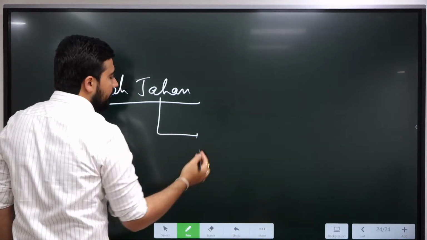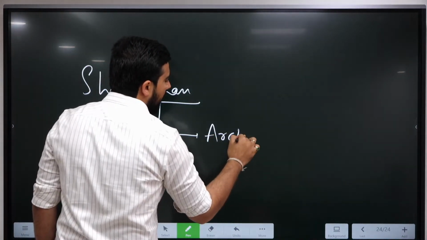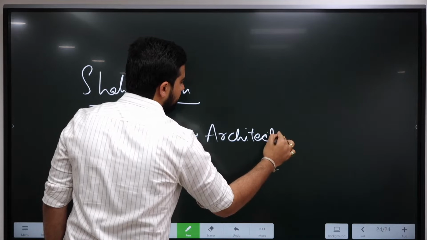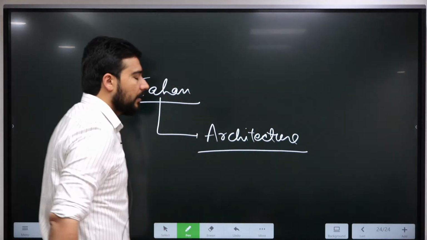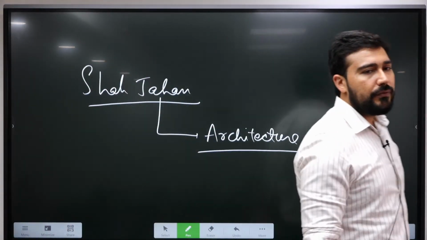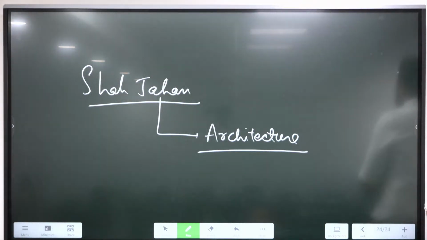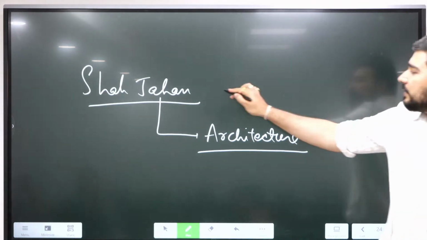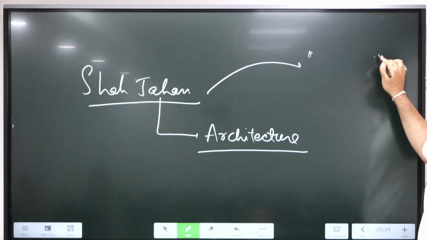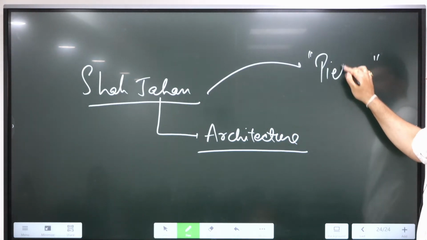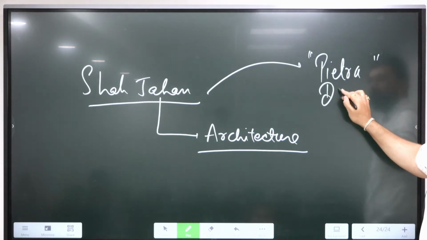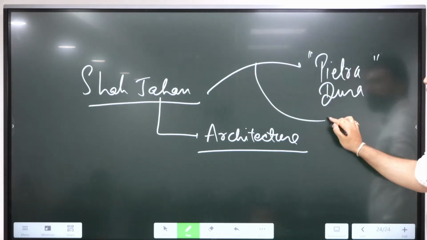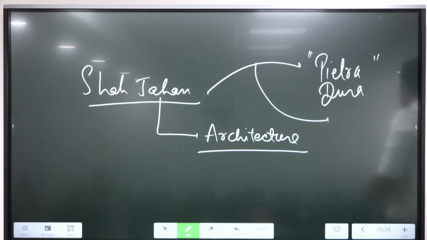Now Shah Jahan is mostly famous for architecture. You see the Taj Mahal, the Red Fort of Delhi, the Jama Masjid of Delhi, all of these are linked to Shah Jahan. Shah Jahan was the one who put a lot of emphasis on using gemstones for building, for inlay work, that is known as Pietra Dura.